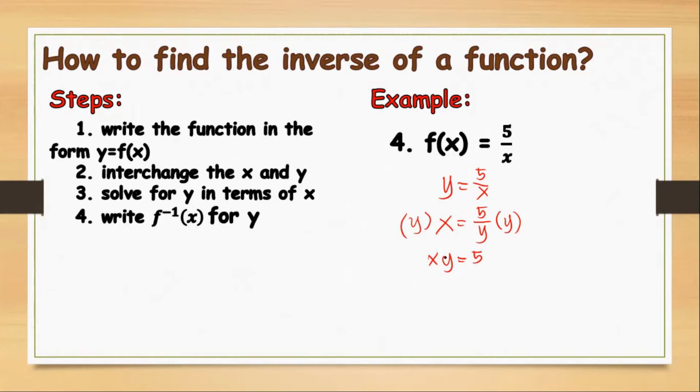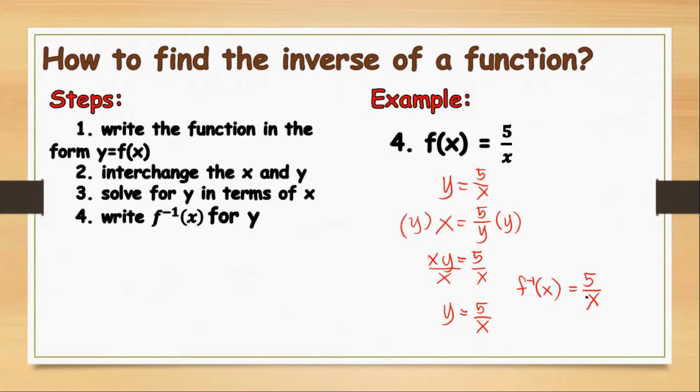And so to solve for y in terms of x, we have to divide both sides with x. So we have y equals 5 over x. Final answer, f inverse of x is the same as 5 over x.